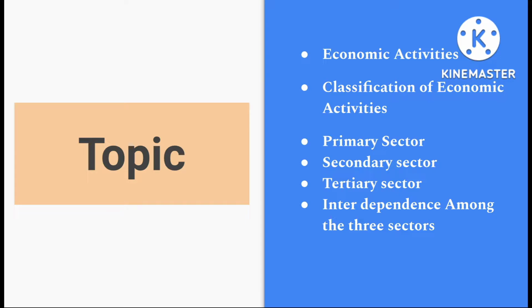In this slide, I have taken some topics, from which I will show you the questions in the next slide. I have taken the questions from the 10th standard Economics book, and the topics are economic activities, classification of economic activities, primary sector, secondary sector, tertiary sector, and interdependence among the three sectors.